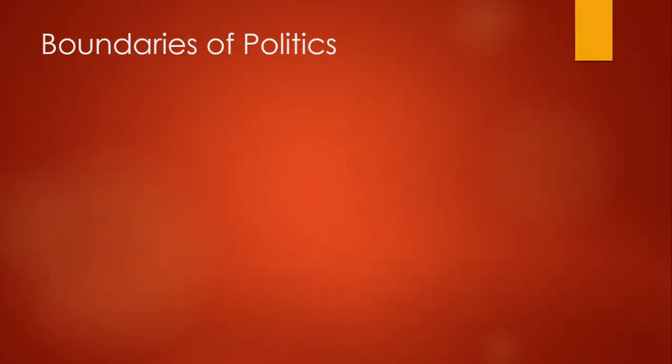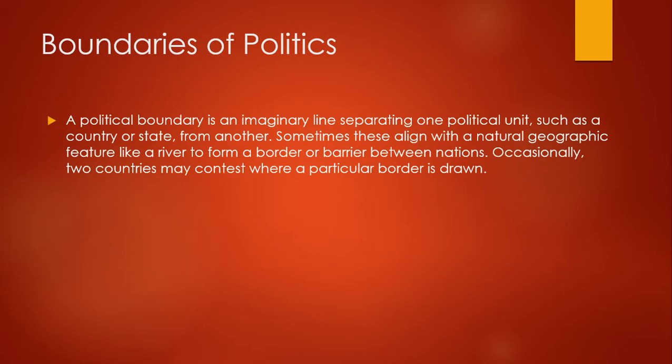So what are the boundaries of politics? There are certain boundaries of politics. So what is a boundary of politics? A political boundary is an imaginary line separating one political unit such as a country or state from another. Sometimes these align with a natural geographic feature like a river to form a border or barrier between nations.